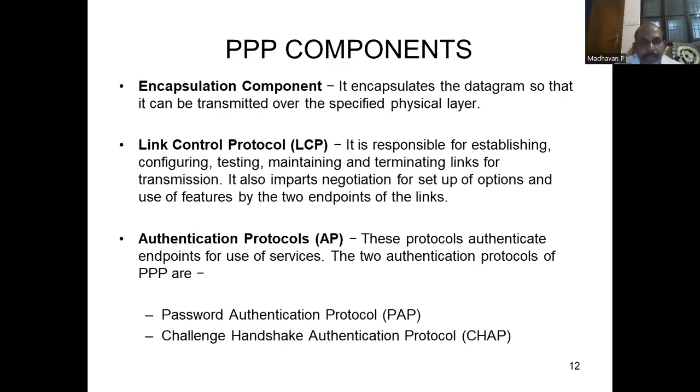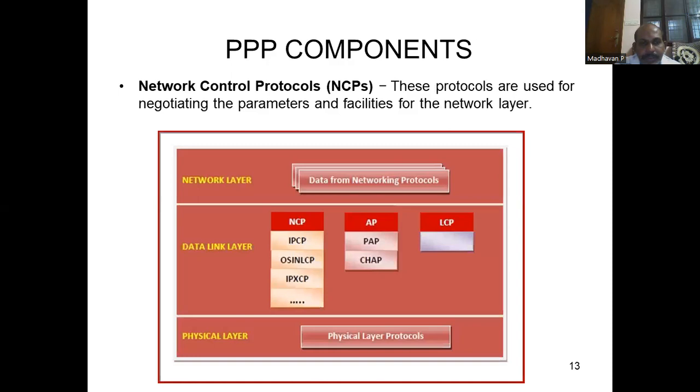Coming to the components involved in PPP, this diagram shows the protocol stack, and these are all the different components of PPP. So we have the networking layer where the information is coming from the higher level layer. So the information is getting processed as datagrams.